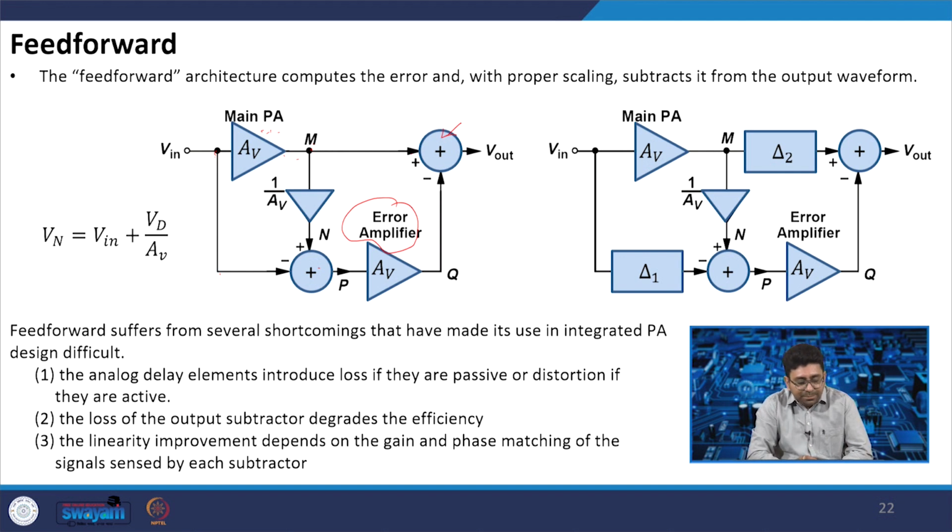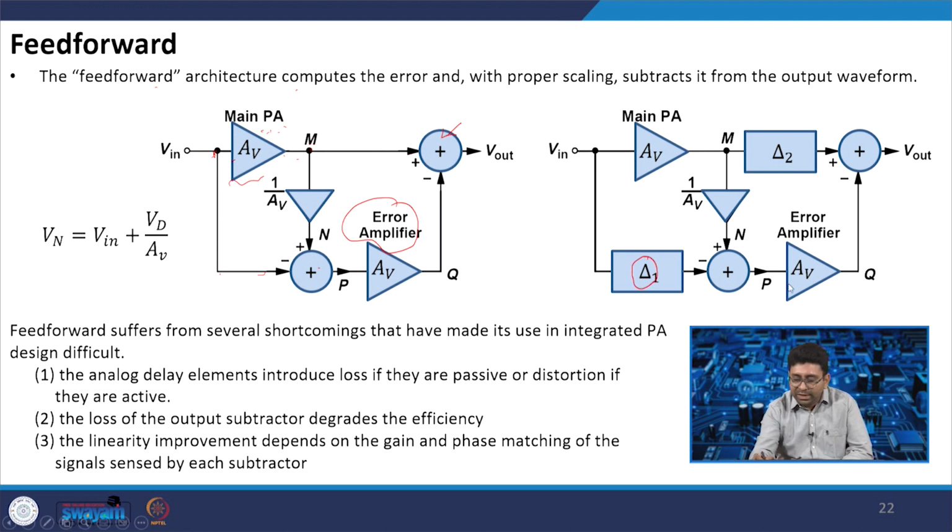So, in this feed forward architecture, it computes the error and, with proper scaling, subtracts it from the output waveform. There is a second figure which is drawn, because when you directly take the output after the main power amplifier M, it will also observe a delay in the signal, and that delay we need to consider by using this delta 1.